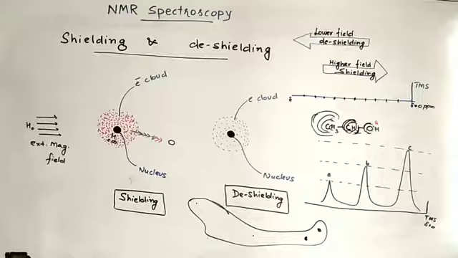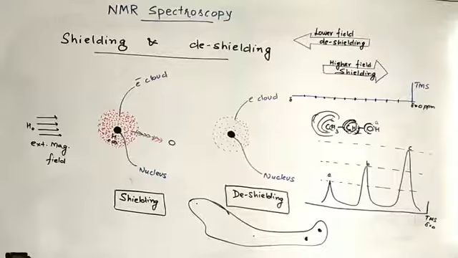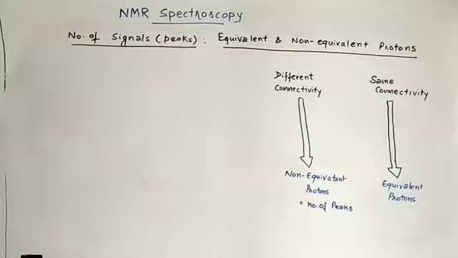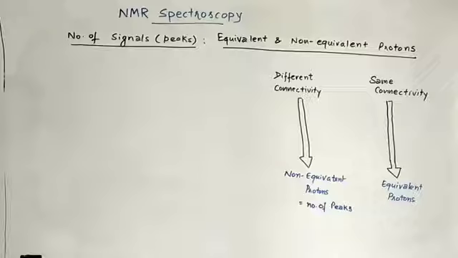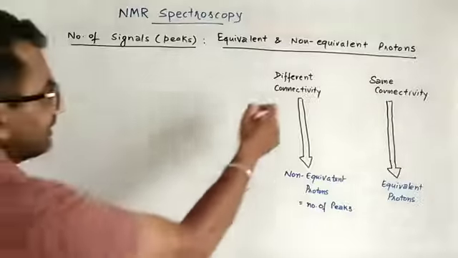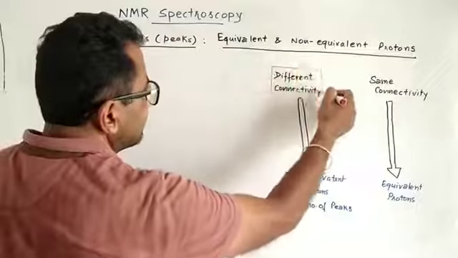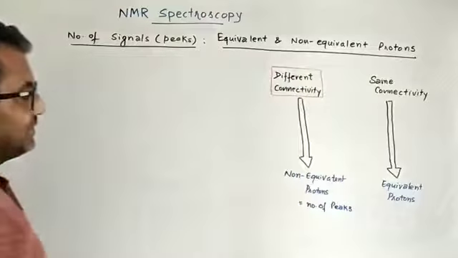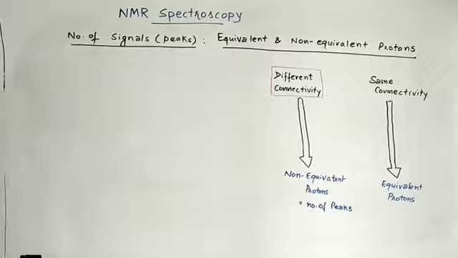Okay. So next in this topic we will learn how to find the equivalent and non-equivalent protons. This gives the number of signals, or peaks. If there is a different connectivity, they give non-equivalent protons, and non-equivalent protons means the number of peaks.